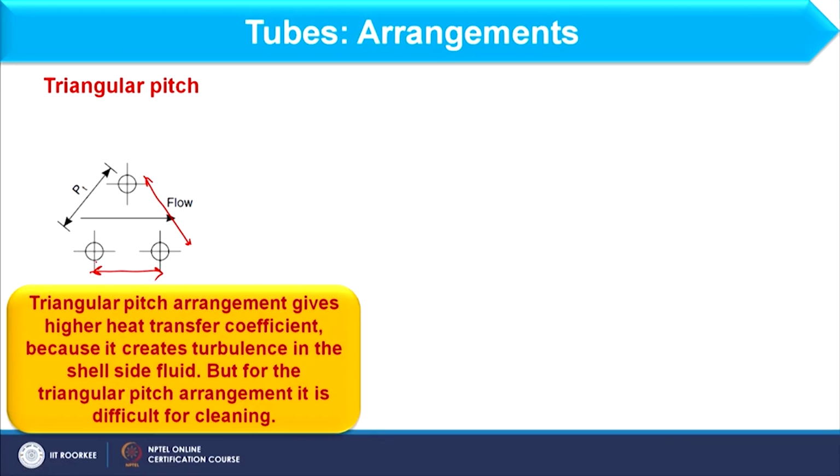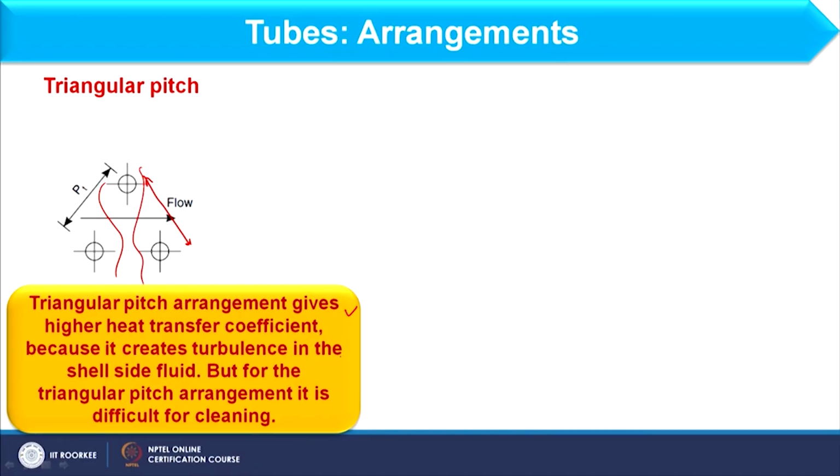If I consider triangular pitch, because in triangular pitch what will happen, flow will occur like this, flow will occur like this, and further I am finding a tube over here. So, this flow will split. Therefore, the triangular pitch arrangement gives high heat transfer coefficient because it creates more turbulence in shell side, and turbulence, as I have already discussed, as the flow will pass through the gap and then over the tube.